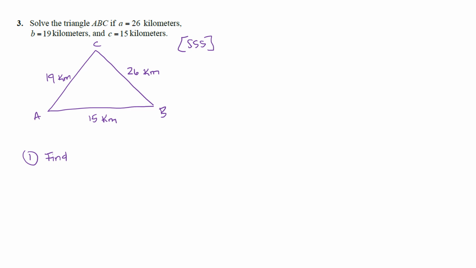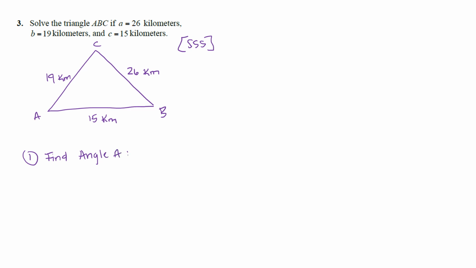Well, when you are given all three sides, my recommendation is for you to find the largest angle. The largest angle is going to be associated with the longest side. Since the longest side is side A, that means my largest angle is going to be angle A. So let's first find angle A.